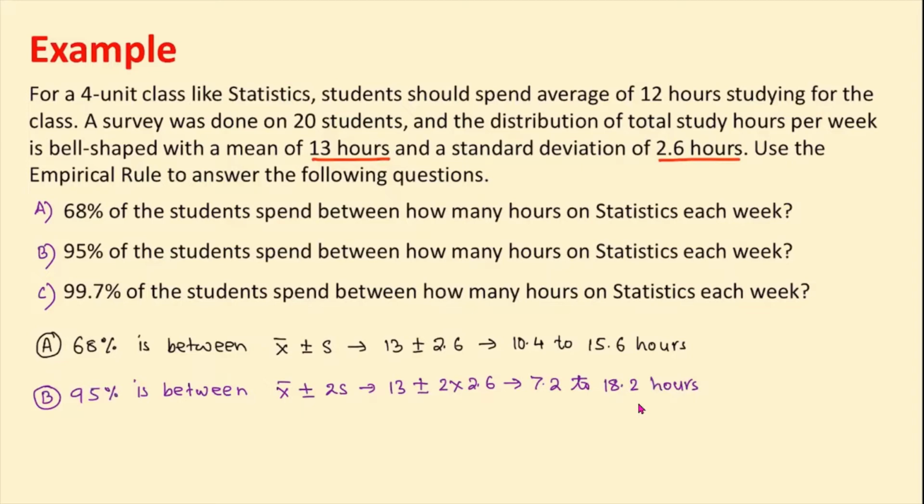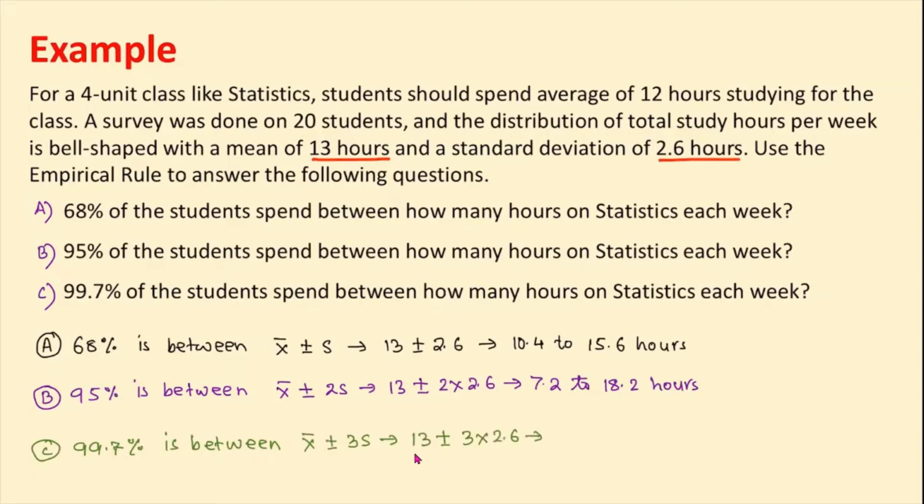Okay, now the third one, C. We are looking for 99.7%. And we know that according to the empirical rule, 99.7% is within 3 standard deviations about the mean. So it will be x bar, the mean, plus or minus 3 standard deviations. Our mean is 13, plus or minus 3 times 2.6.